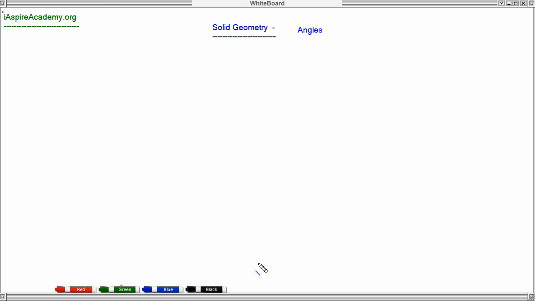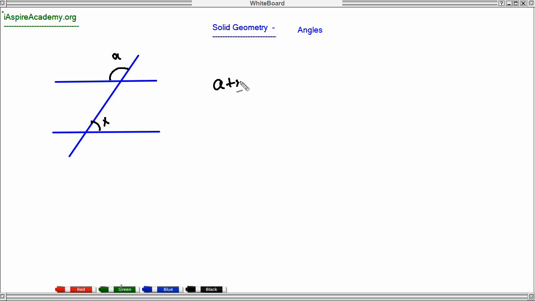So our first problem is, let's draw two parallel lines, and we have a line intersecting, and let's say this angle is A, this angle is X. We have to see what A plus X is equal to.